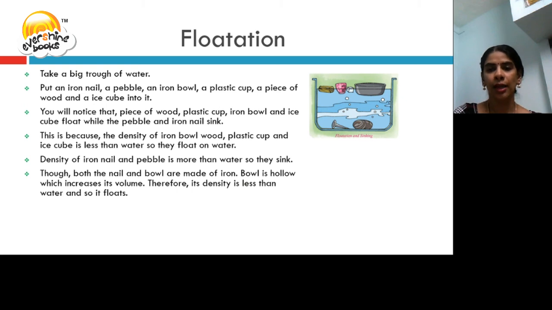Though both the nail and the bowl are made up of iron, the bowl is hollow, which increases its volume. Therefore, its density is lesser than water. Hence, the iron bowl floats.